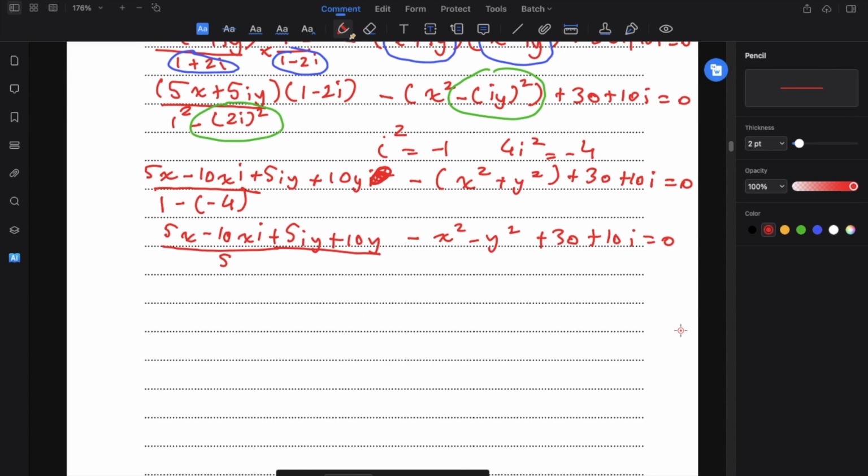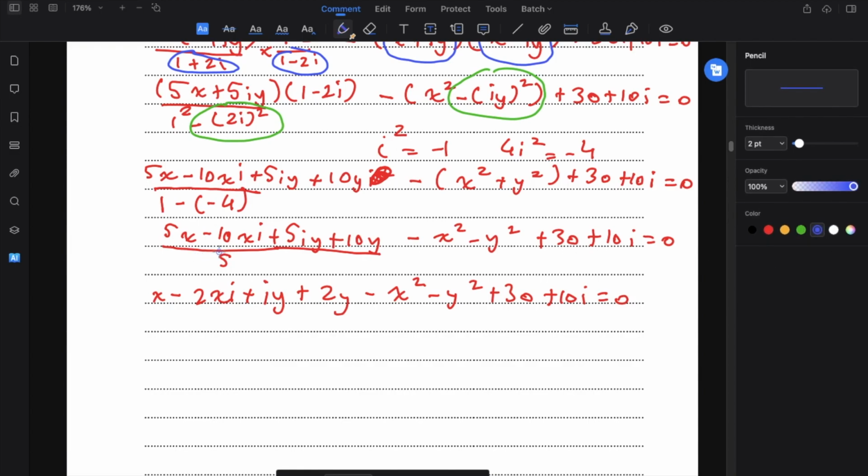Let's remove this fraction. So 5x becomes x, 10xi becomes minus 2xi, plus 5iy becomes plus iy, plus 10y becomes plus 2y, minus x squared minus y squared plus 30 plus 10i is equal to 0. Now we have this equation and we've removed all the fractions.